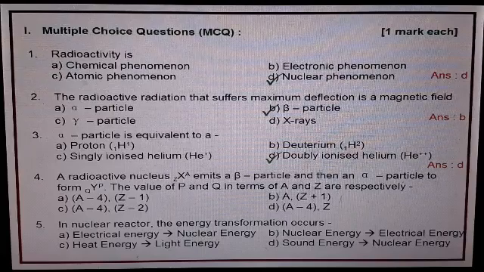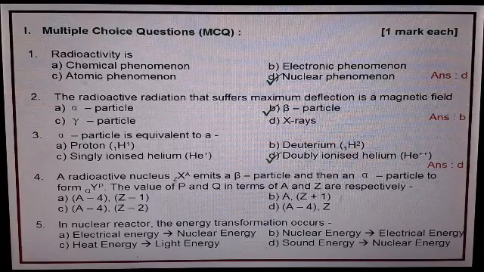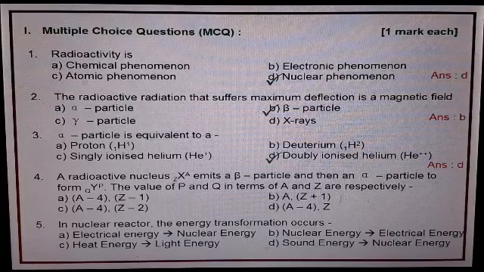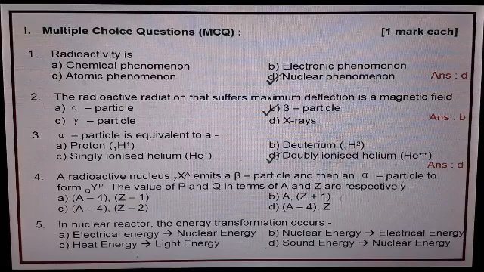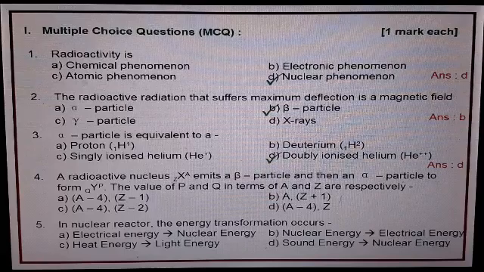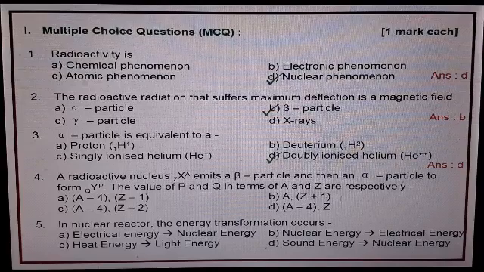Fourth one, the radioactive nucleus X with atomic mass A and atomic number Z emits a beta particle and then alpha particle to form Y. See, when it is emitting beta particle first, that means there will be no change in the atomic mass, but the atomic number will increase. So once the X emits beta particle, the atomic mass will remain the same as A and atomic number will become Z plus 1.